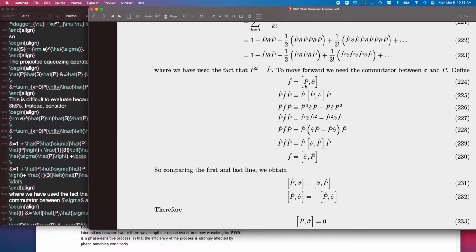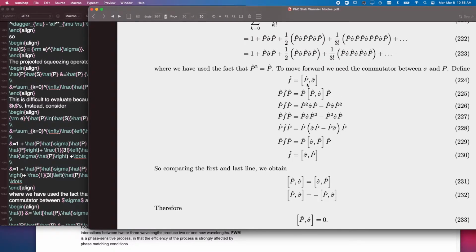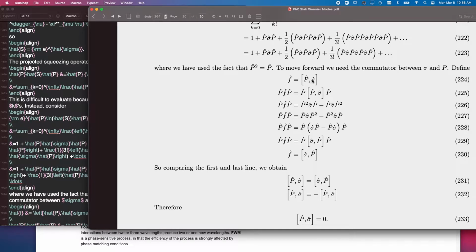But I guess one interesting thing is that I've made no assumption on what sigma is. So sigma is just any operator. And I may have missed something. I may have done something really stupid. But what this seems to tell me is that the projection operator commutes with any operator. The only fact I think I've used is that p squared is equal to p.